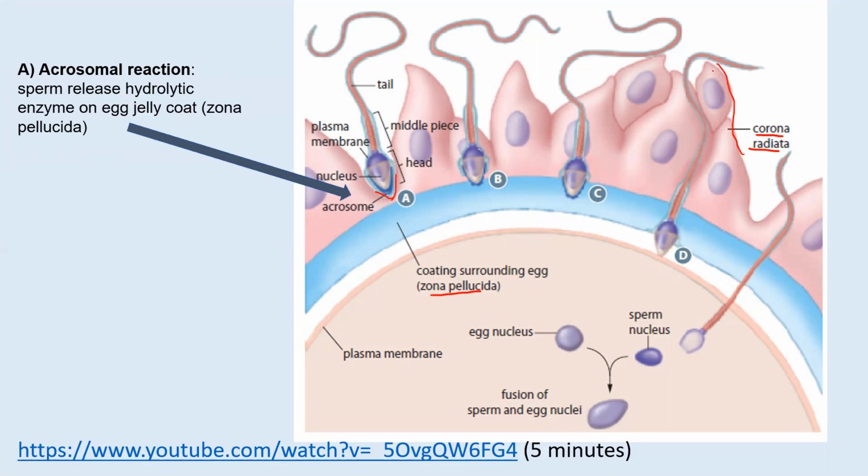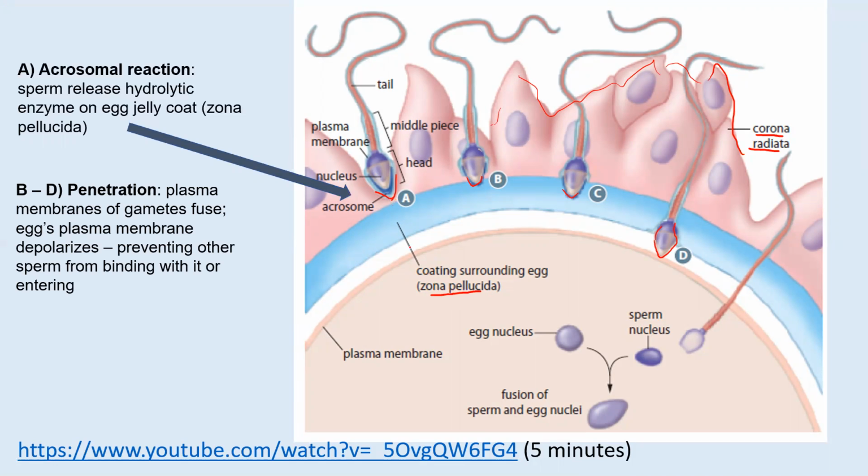So this corona radiates around the egg cell, and the sperm wiggles through the corona radiata, and its enzymes penetrate and allow the head of the sperm past the zona pellucida. So B to D is the penetration.